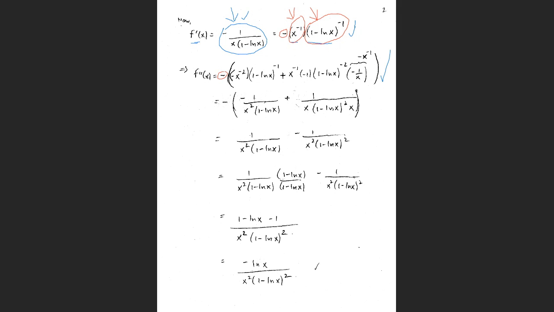That's the power rule. We use the chain rule to take the derivative of 1 minus the log of x to the negative first. Okay, and we had to take the derivative of a log, right? So a lot of different rules here. But if you do it right, it will work out.